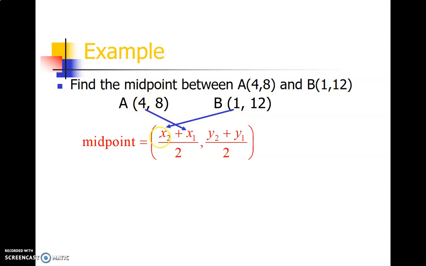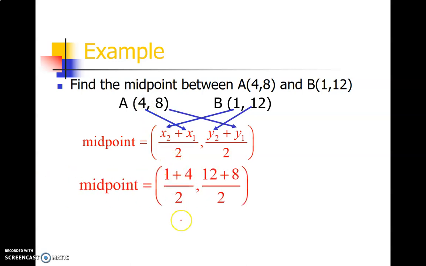So 1 plus 4 is equal to 5 over 2. And the other one is 12 plus 8 is 20, divided by 2 is 10. Therefore, the midpoint of the two points is 5 over 2 and 10. There is no need to convert the fraction to a mixed fraction, just leave it that way.